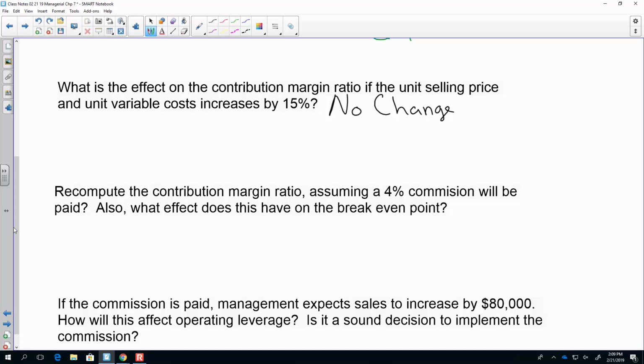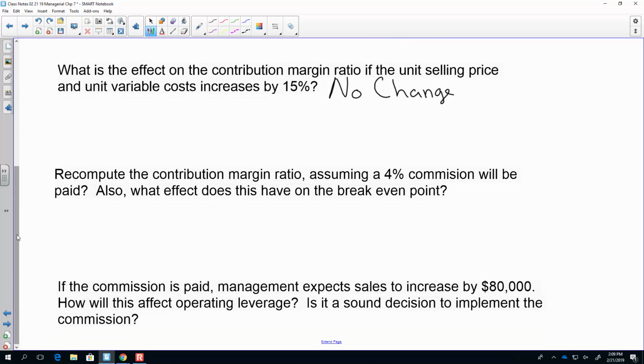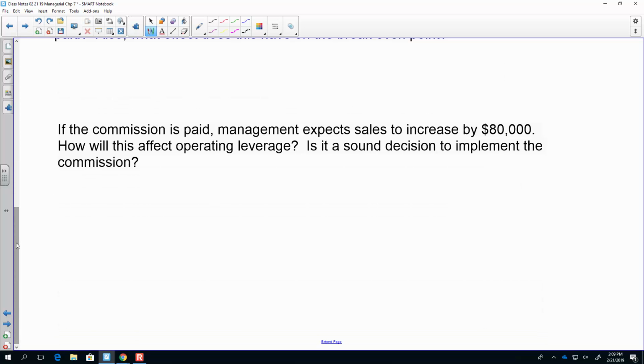All right, recompute the margin ratio assuming a 4% commission will be paid. Also, what effect does this have on our break even? Remember, our margin ratio was at 64%.